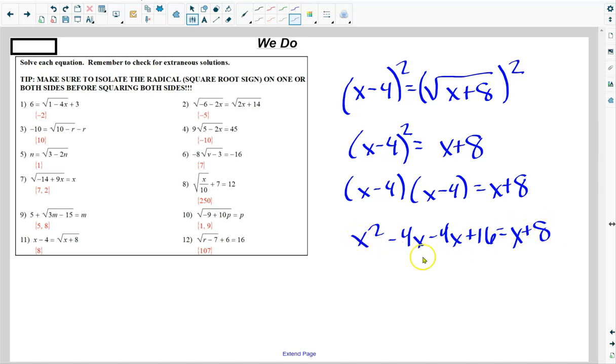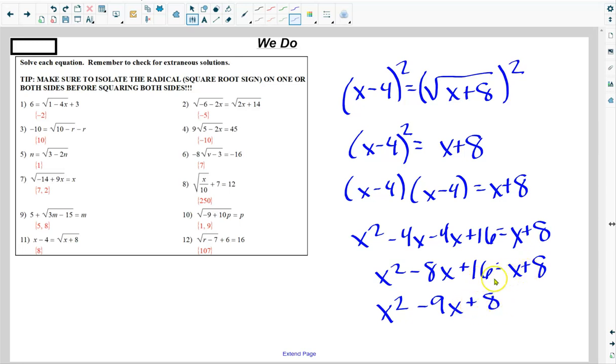And now I'm gonna combine. Now I'm gonna subtract the next, so that's gonna give me minus 9x, and I'm gonna subtract 8. So I have x squared minus 9x plus 8 equals 0.